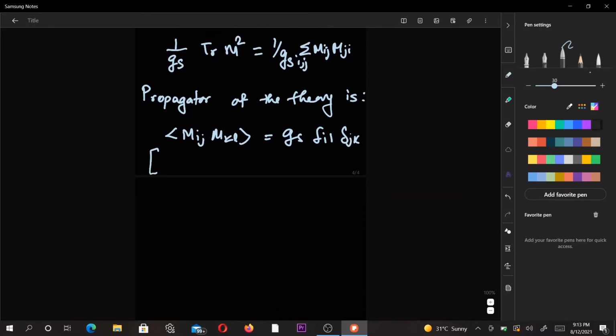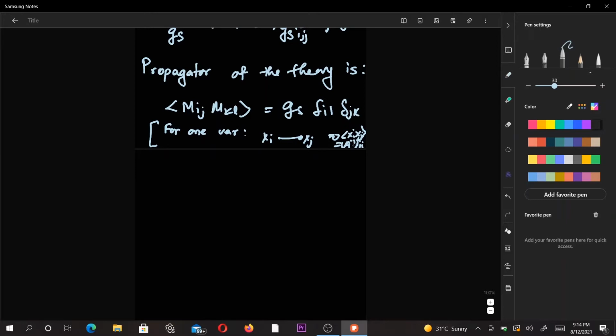And a reminder that for one variable, this was like x_i. The propagator looked something like this, and <x_i x_j> was equal to the inverse. It was something like this.